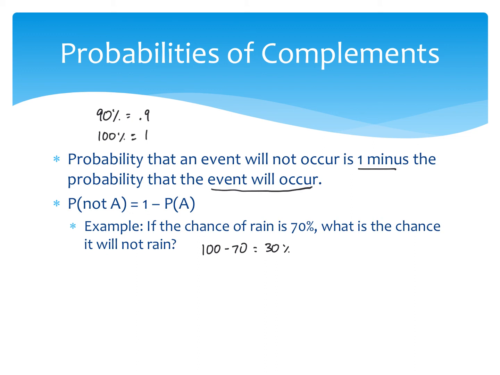You could also write this as decimals and plug it into the equation if you want. So if I have 1 minus 0.7, then I'm going to get 0.3 as my solution, and then it's 30% either way. Remember, stats isn't so much about equations, it's about applying logic. So when in doubt, try to find the logic in the problem first.